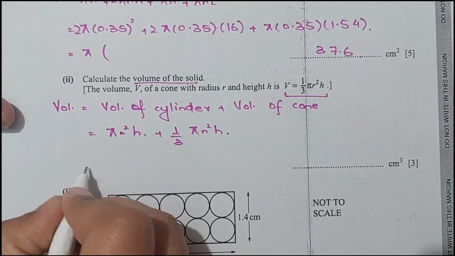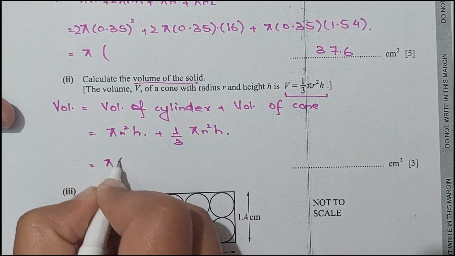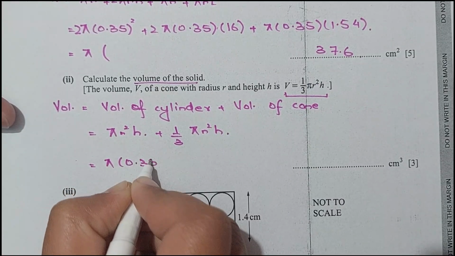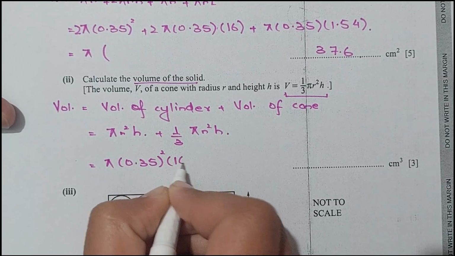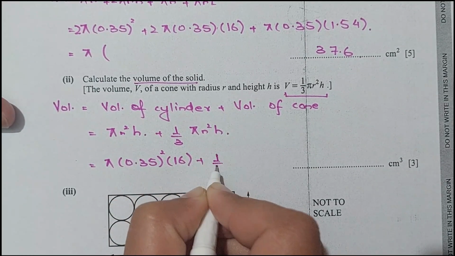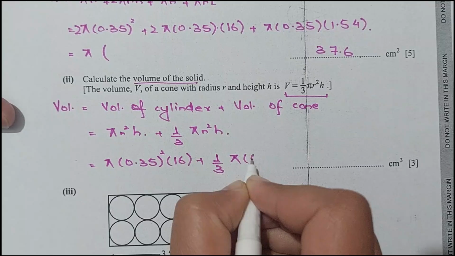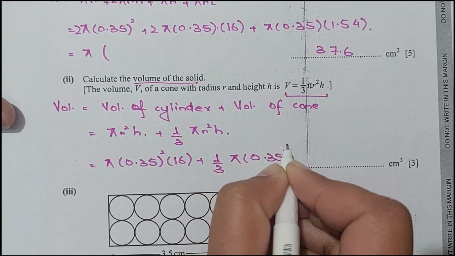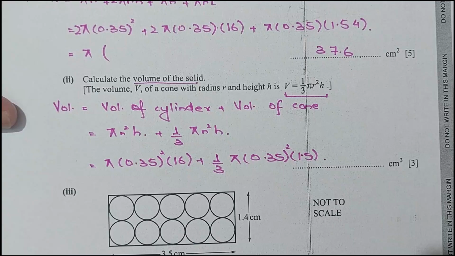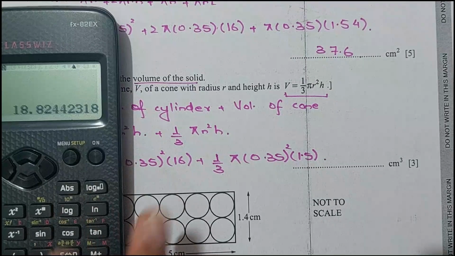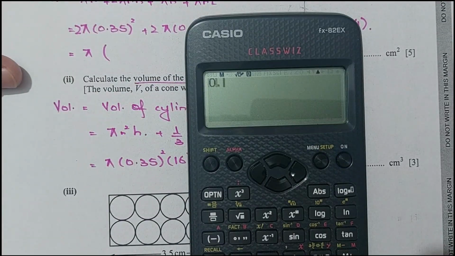Okay, so pi, the radius is 0.35 its square for the cylinder, and the height of the cylinder is 16. 1/3 pi, the radius of the cone is 0.35 its square, and the height of the cone is 1.5. Okay, simplify, pi is common, so we have 0.35 times 0.35 times 16.